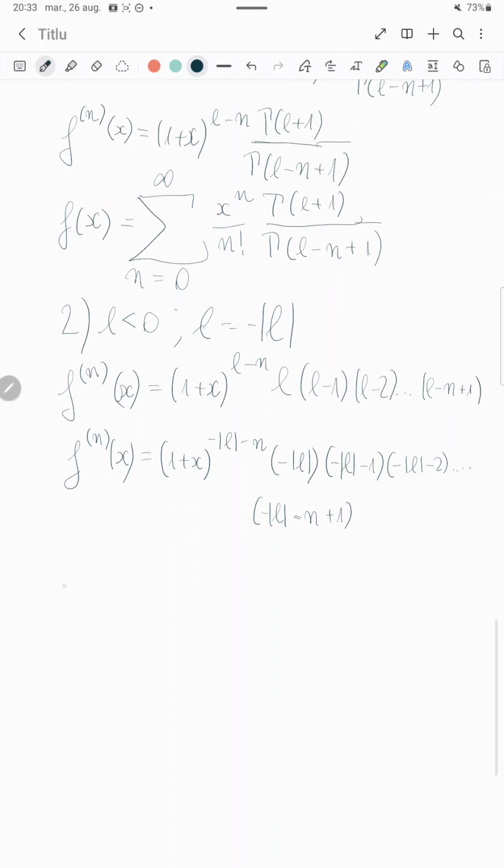So if we extract all of the minuses from these parentheses, we will have something like this: minus 1 to the n, times 1 plus x to the power of minus the absolute value of L minus n, multiplied by the absolute value of L times the absolute value of L plus 1, because we extracted the minus from each parenthesis, times the absolute value of L plus 2, and all the way times the absolute value of L plus n plus 1.